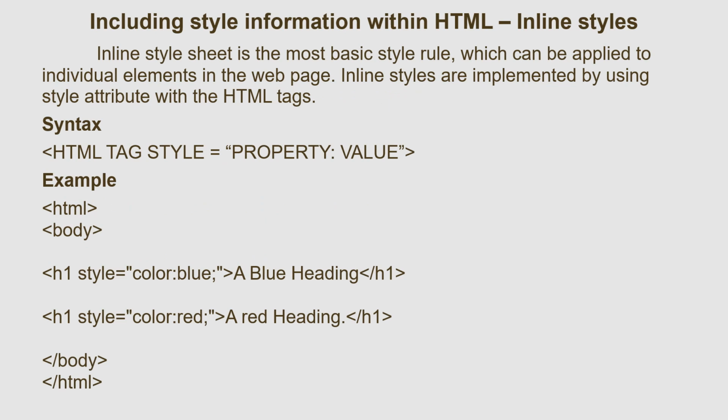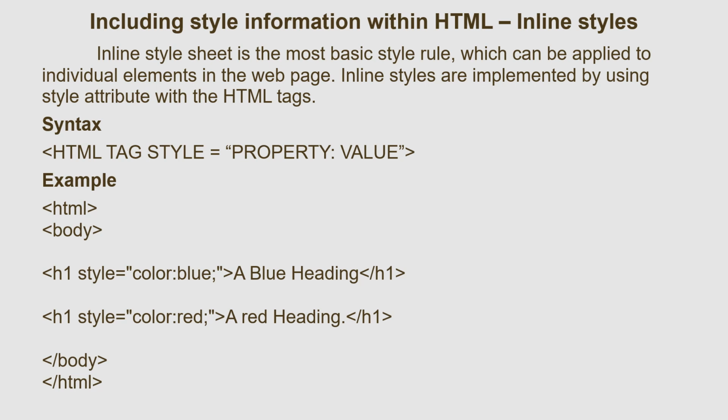The first one is including the style information within HTML. This is known as inline style. This can be implemented by using the style attribute, which has to be used along with the HTML tag. The syntax for this inline style is the HTML tag followed by the style attribute equal to the corresponding property and value.